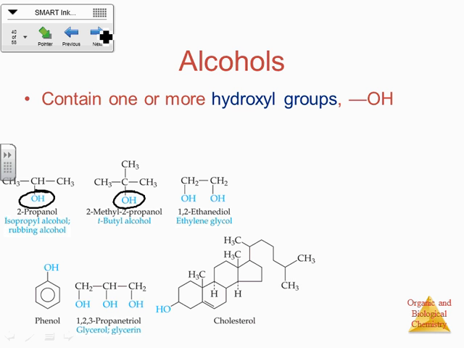So anytime we call something an alcohol in organic chemistry, we're referring to something that has an OH group on it. And these are usually pretty easy to identify, okay? Sometimes they're not completely obvious, just depending on the way that they're written structurally, but you can usually tell, okay, this has 3 carbons, and then on the end of it we have an OH group, okay?